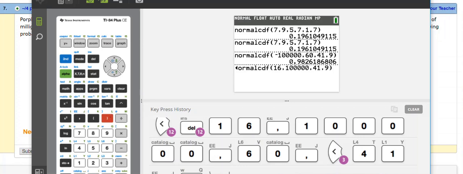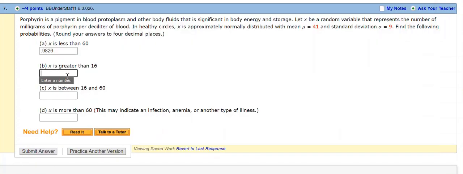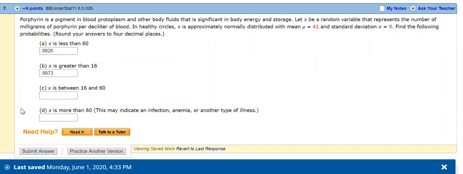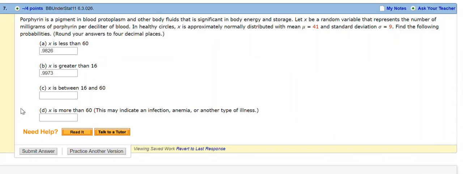Then I hit enter, and it tells me 0.9973 if I round to 4 decimal places. So 0.9973. And the next one asks, x is exactly between 16 and 60.